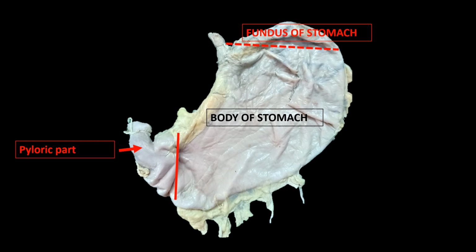If we imagine a vertical line from incisura angularis that cuts the greater curvature, then the part proximal to this vertical line is known as cardiac part of stomach. The part of stomach distal to this imaginary line is known as pyloric part of stomach.